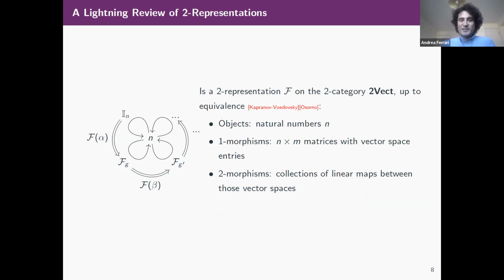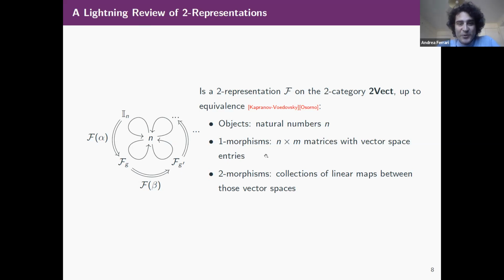And so a representation of this two group will be a representation on a category of two vector spaces. Now there are various incarnations of two vector spaces, and I will mainly take the version that appears, for example, in these papers by Baez, Kapranov-Voevodsky. Two vector spaces can be thought of as natural numbers n, with one morphisms being n times m matrices with vector space entries.